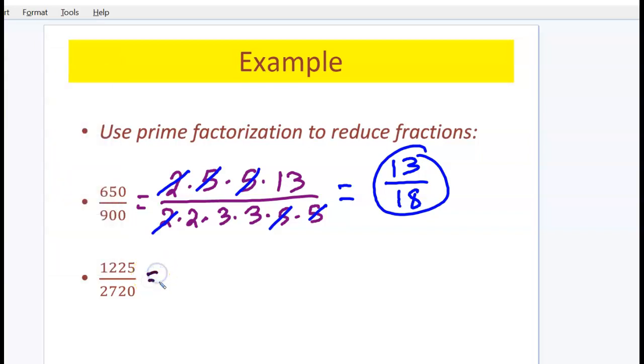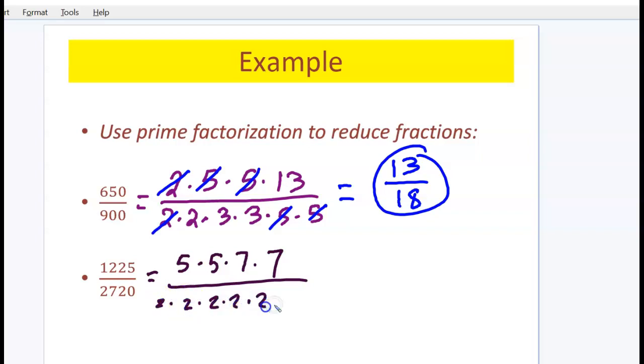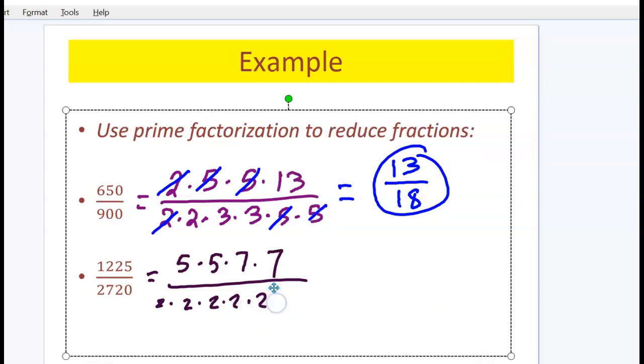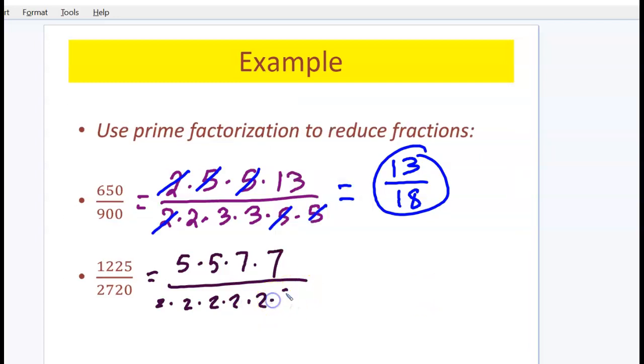Okay, I'm hoping you had a chance to try that. So if we take a look at the prime factors of 1225, it's going to be 5 times 5 times 7 times 7. And if we look at the prime factors of 2720, it's going to be 2 times 2 times 2 times 2 times 2 times 5 times 17.